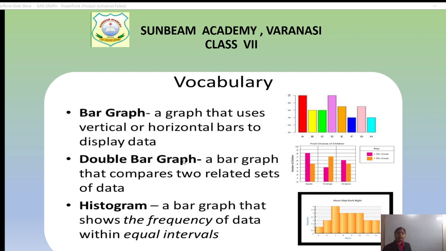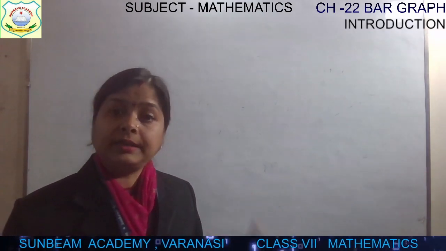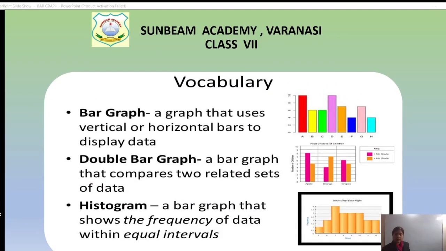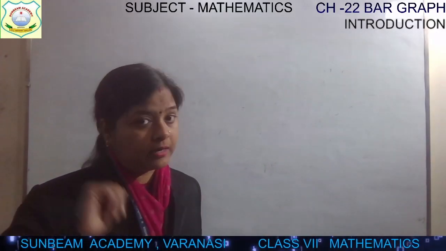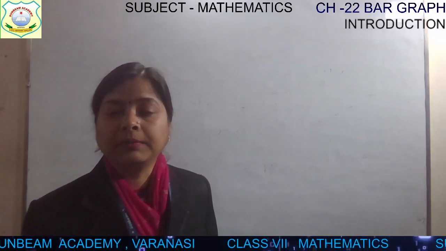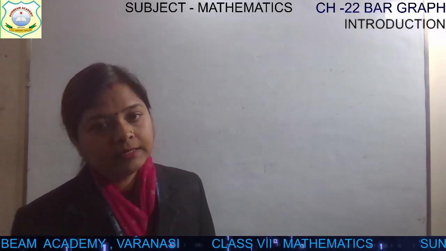And if you use a bar graph that shows the frequency of data within equal intervals, that is called a histogram. Histogram you will learn in class 8. In class 7 you have to learn about bar graph and double bar graph.